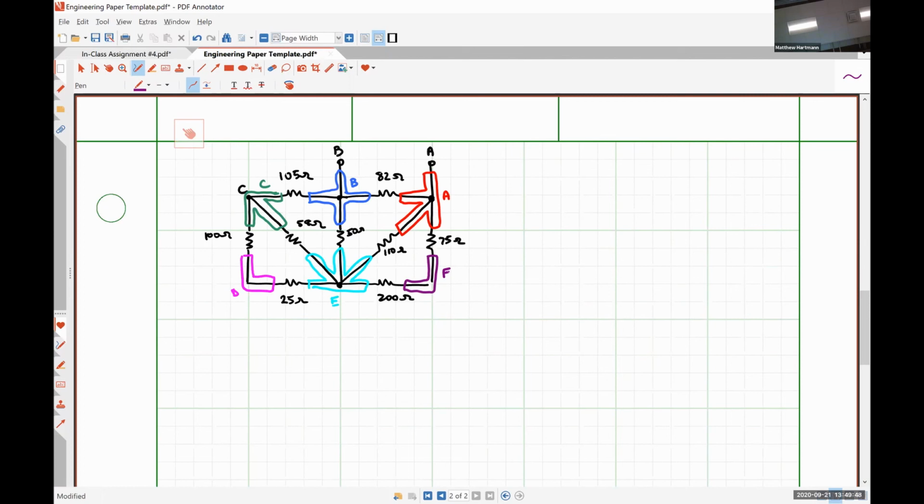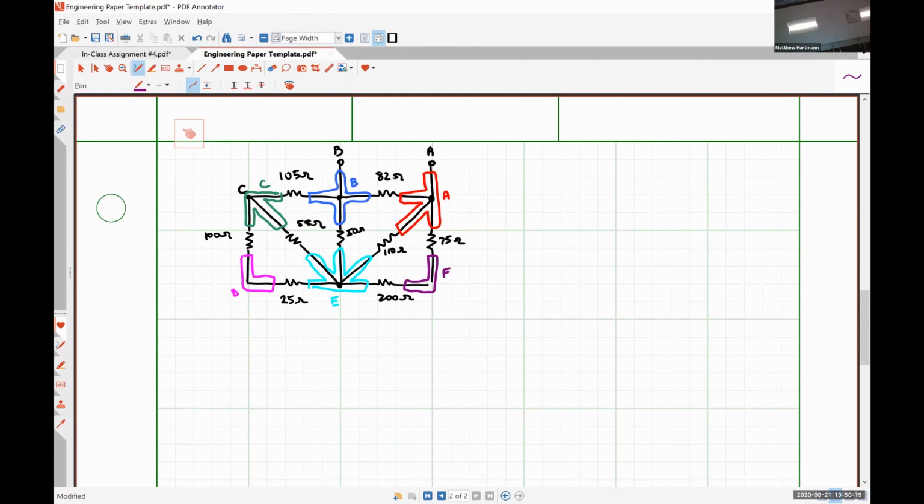So one thing that I can observe right off the bat is that node D connects the 100 ohm resistor and the 25 ohm resistor, and it doesn't have any branching paths off of it, which means the 100 ohm resistor and the 25 ohm resistor have to be connected in series, okay?